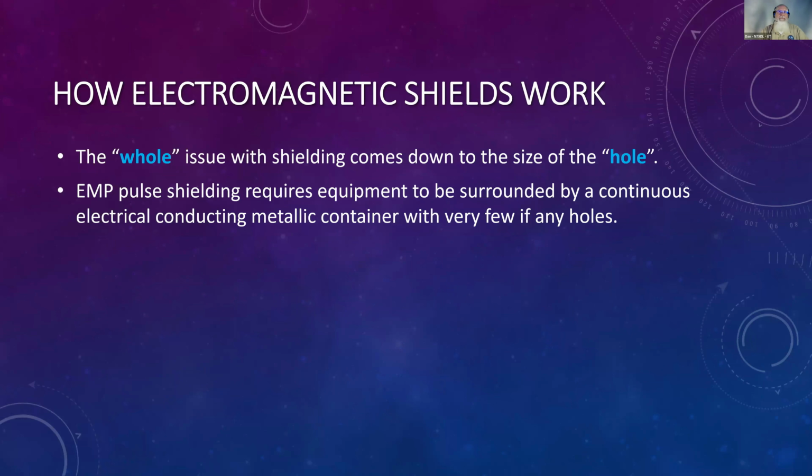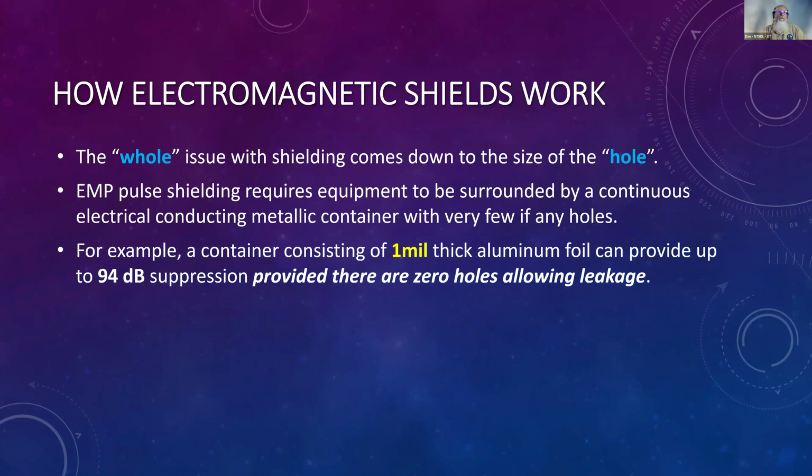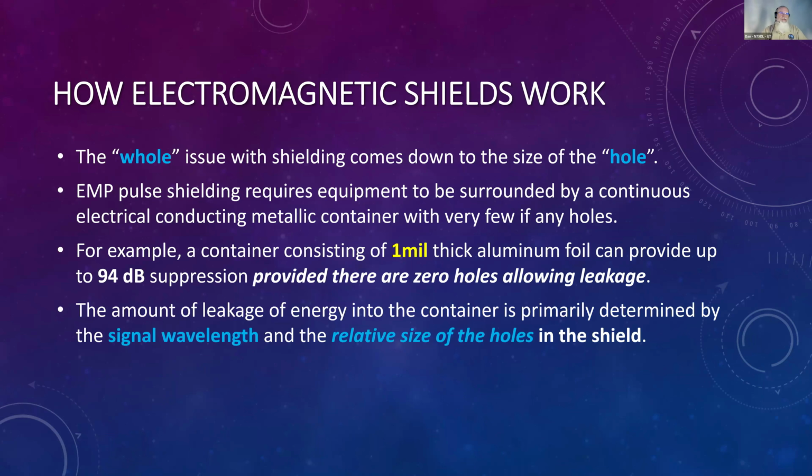And the holes need to be very, very small, if any. So if you have a container that's a mil thick of aluminum, it can provide 94 dB suppression, providing there are no holes allowing leakage. That would be a viable option.